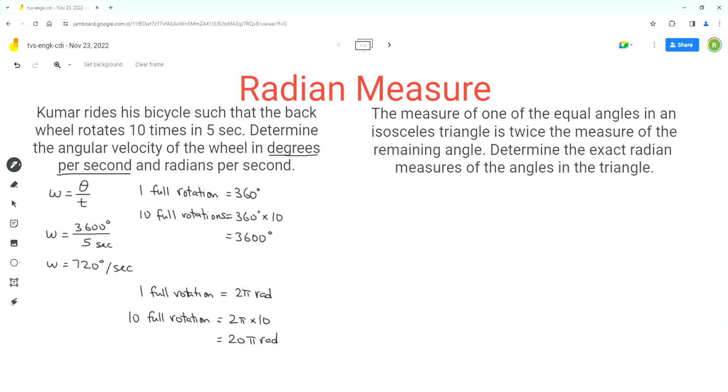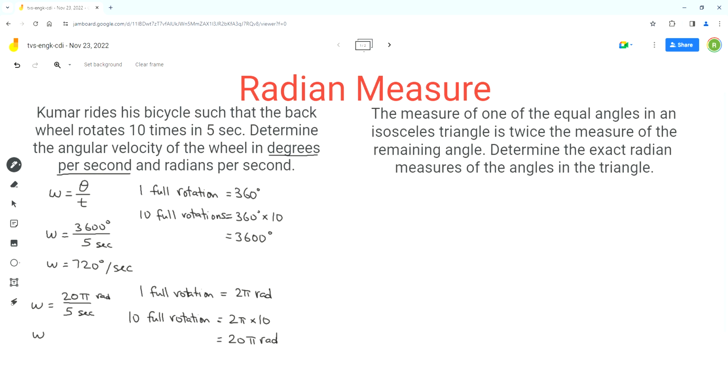So this is the value of theta we'll use in this formula. So W equals 20 pi, that's the value of theta, divided by 5 seconds. So 20 pi is in radians and the unit of 5 is seconds.